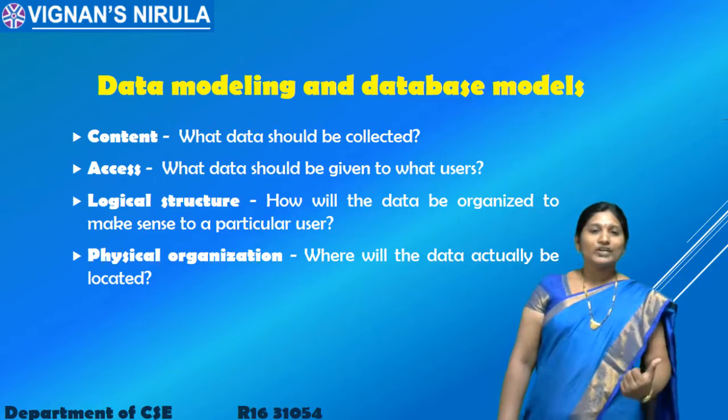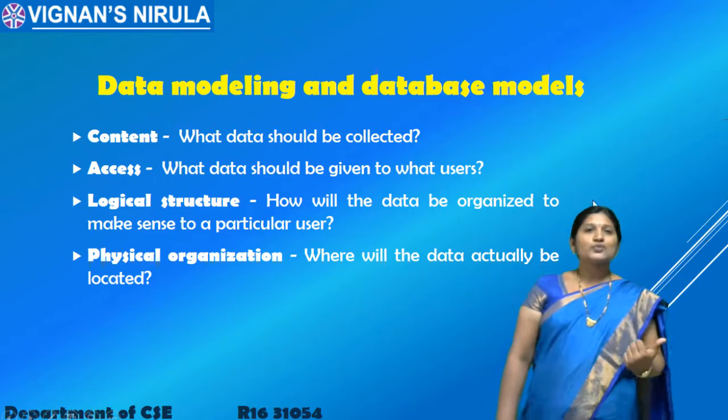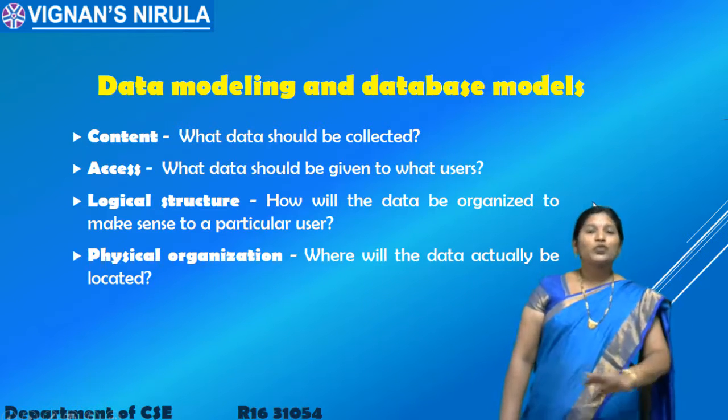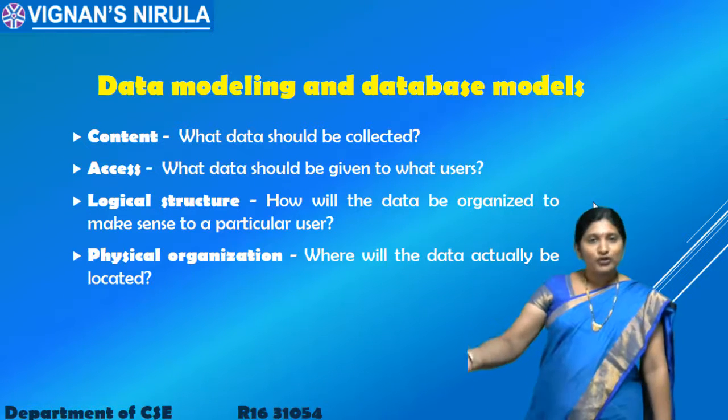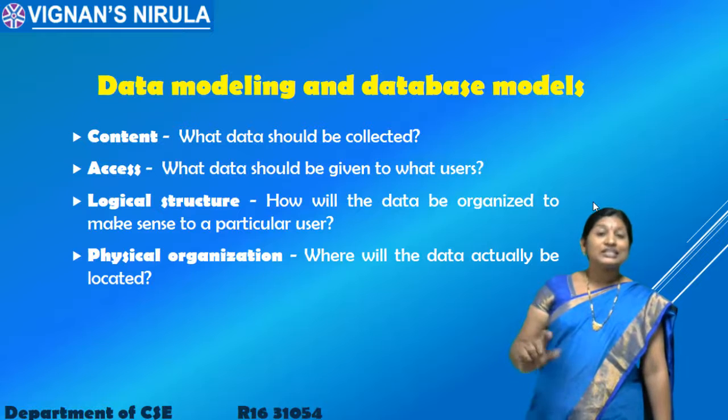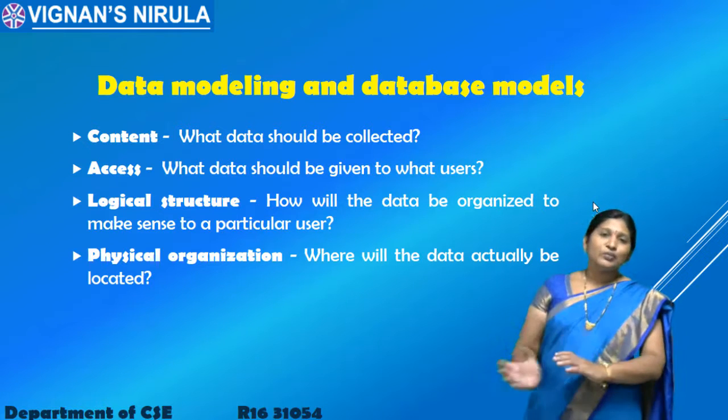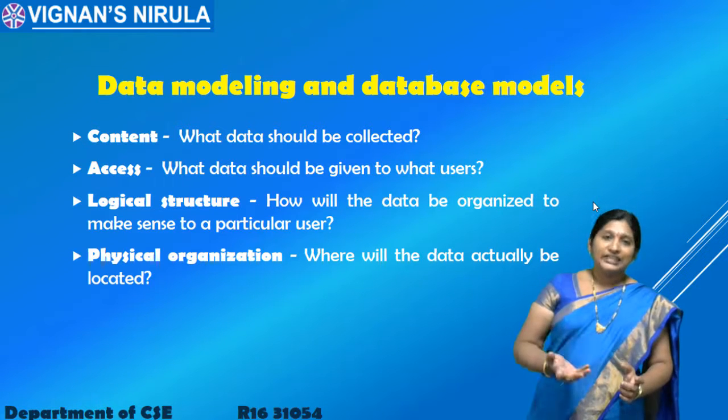In this video, I am going to cover the concepts of data modeling and the various categories of data models available. Before going to the categories, let us define the major purpose of data models. The word data model indicates modeling the data.